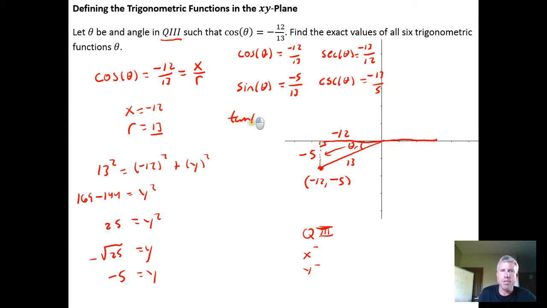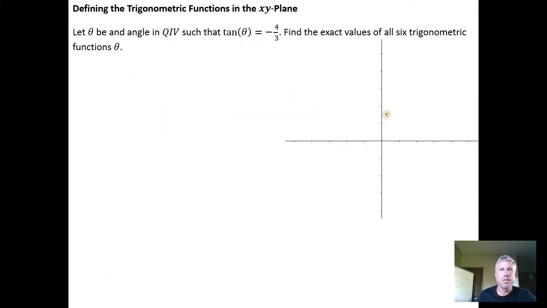And then the tangent is defined to be the y-coordinate divided by the x-coordinate, or the side opposite the reference angle, which is negative 5, divided by the side adjacent the reference angle, which is negative 12, which just simplifies to 5/12. And then the cotangent function we get for free because it's just the reciprocal of the tangent function. So we've got one last example to do.